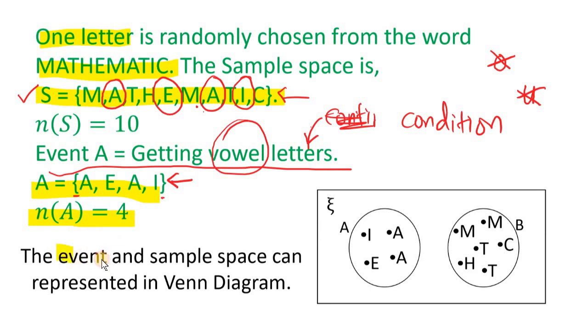And also same, the events and sample space can be represented in Venn diagram. So I draw out the Venn diagram to represent the sample space and also the events. Okay, as you see, A is a vowel, B is a consonant. Okay, so this is a Venn diagram.